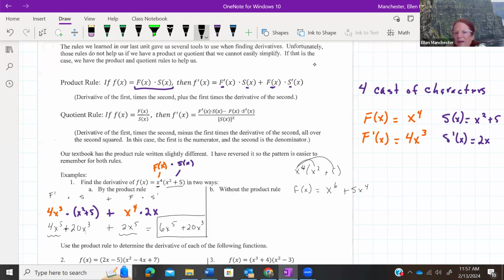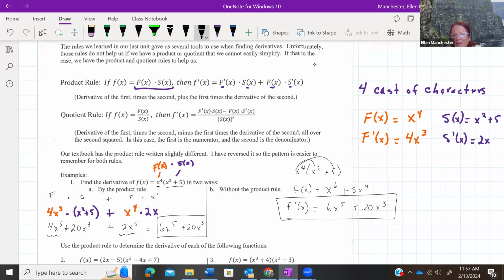Now I can find the derivative using the power rule. So the 6 comes to the front, and I subtract 1. The 4 comes to the front and multiplies, and then I subtract 1. Do you see it's the exact same thing? 6x to the fifth plus 20x to the third, 6x to the fifth plus 20x to the third.